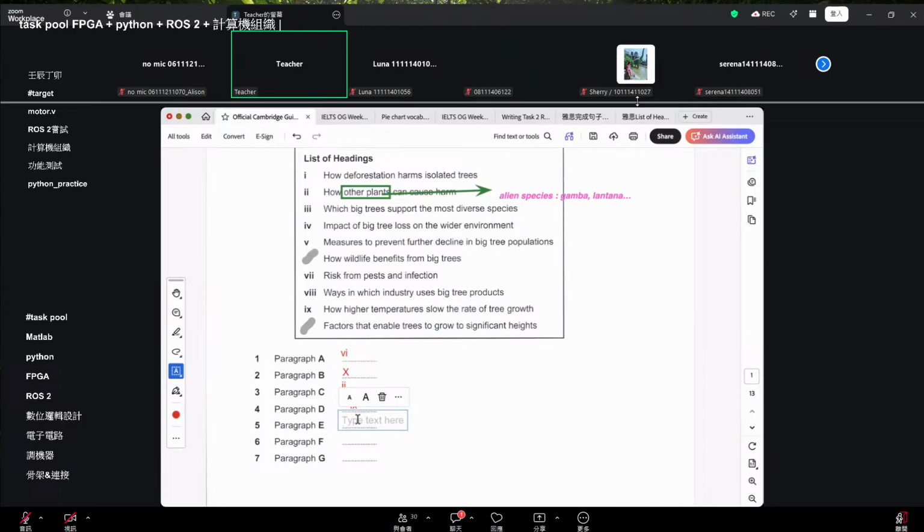That certainly is to be related to the ideas of tree loss, the really mighty tree die, right? So big tree loss on the wider environment. So they mention about the wider environment is the tropical forest.